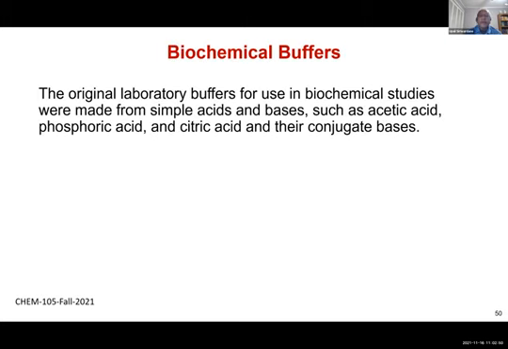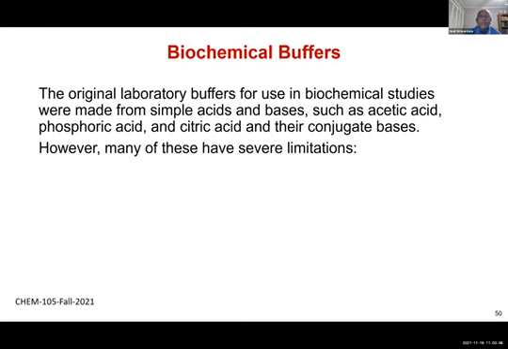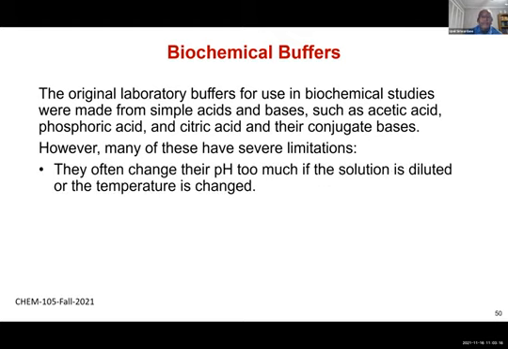The original laboratory buffers used in biochemical studies were made from simple acids and bases like phosphoric acid, citric acid, and their conjugate bases. However, many of these have several limitations. They escape from the cell solution.